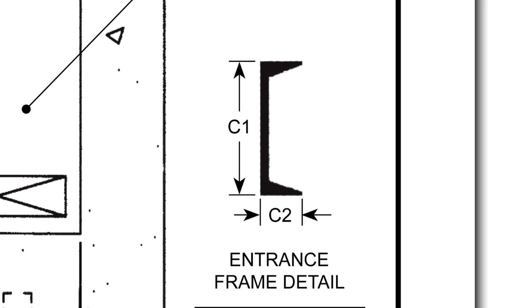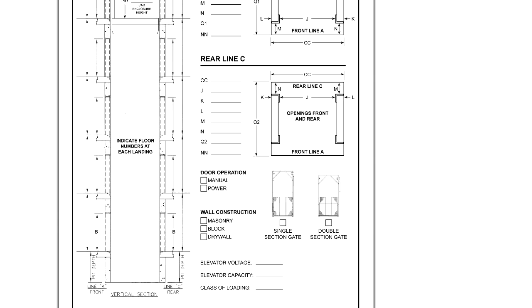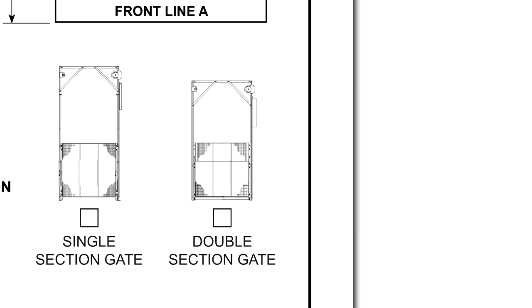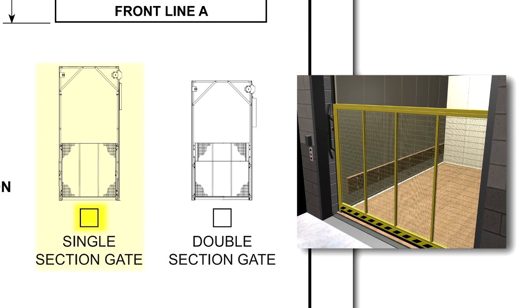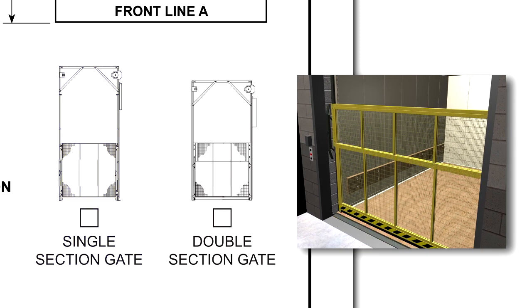If the entrance frame does not appear to be standard C-channel, then sketch a detail of the existing frame and include dimensions. Gate type. Indicate whether you have a single section gate or a double section gate.